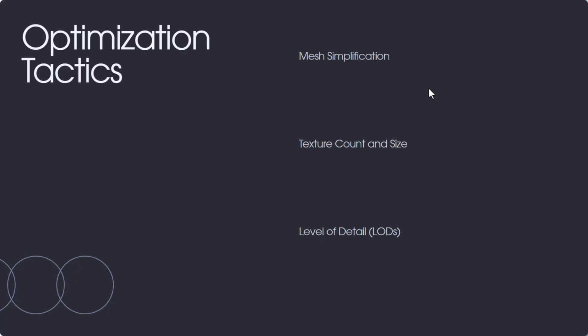And then, of course, level of detail. Level of detail is very important because it helps you balance between visual fidelity and performance based on how far away your camera is from that particular object in your engine of choice or your software of choice.